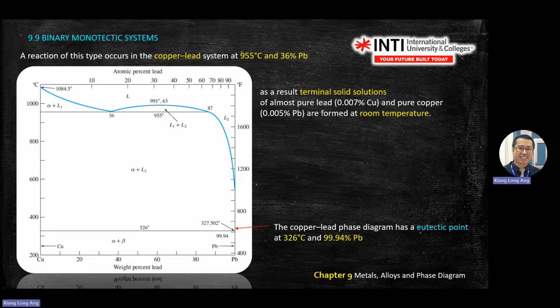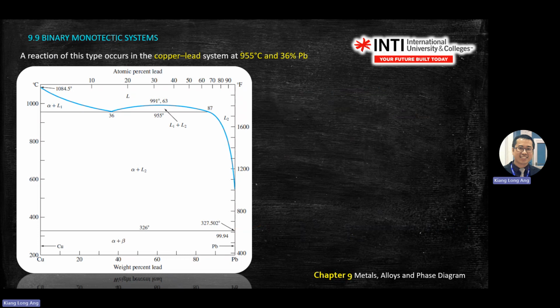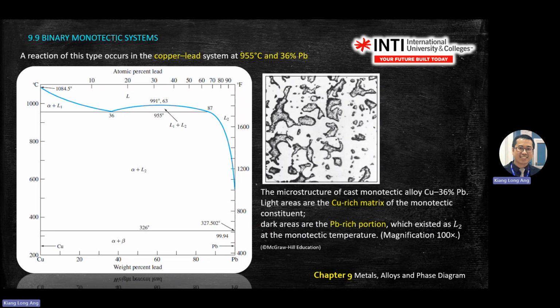So as a result, terminal solid solutions, almost pure lead and pure copper, are formed at room temperature here. So you see something like this in the microstructure.